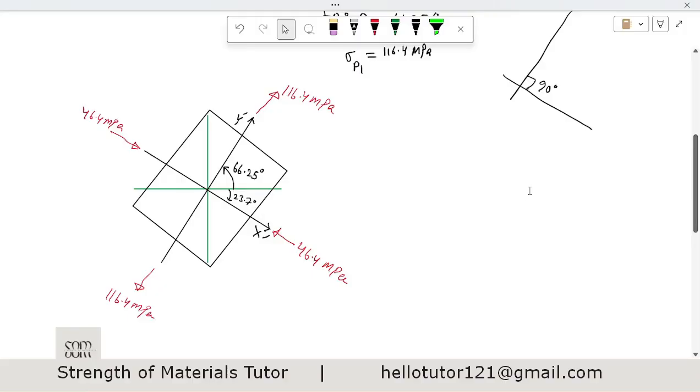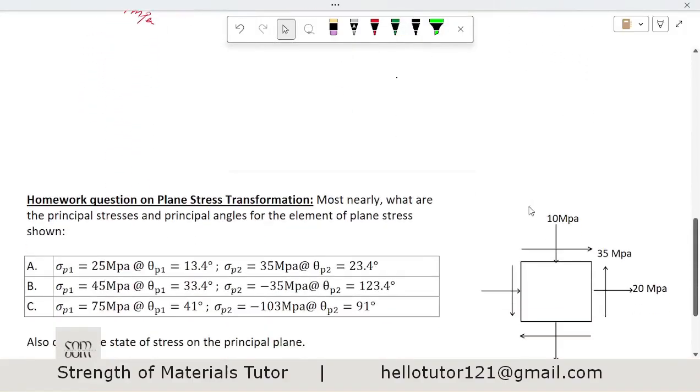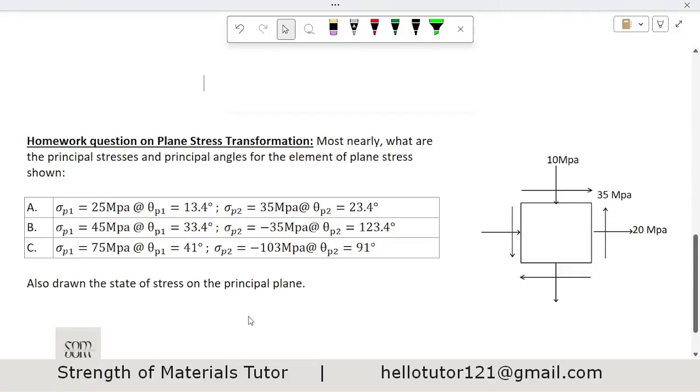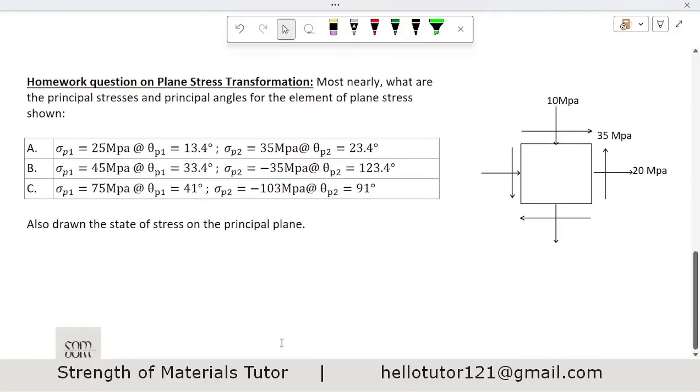Now what is more important is here is the homework problem. You have to focus on this. This is your homework problem.